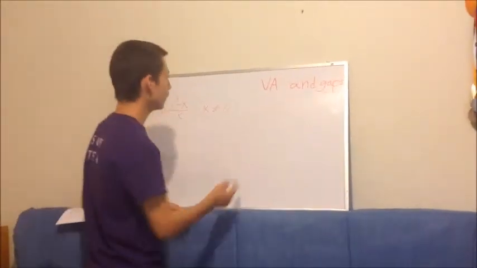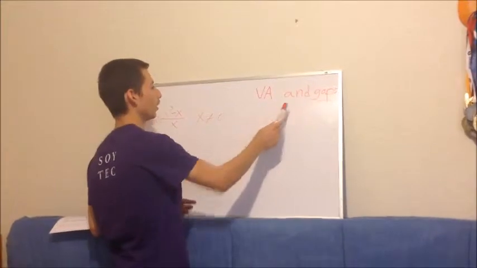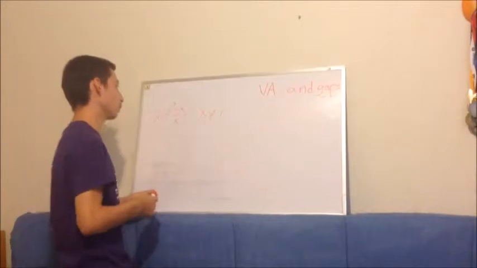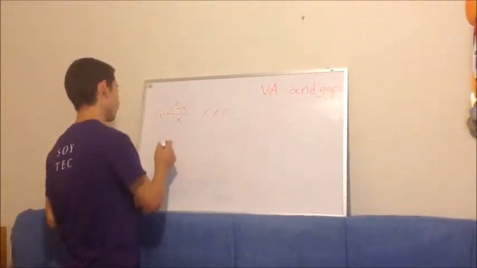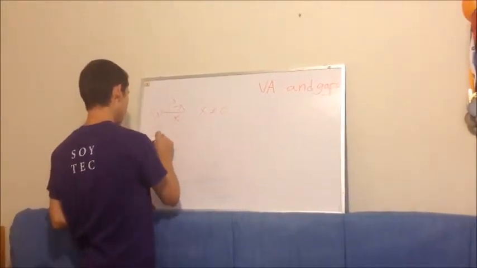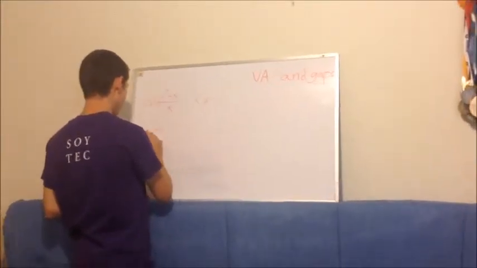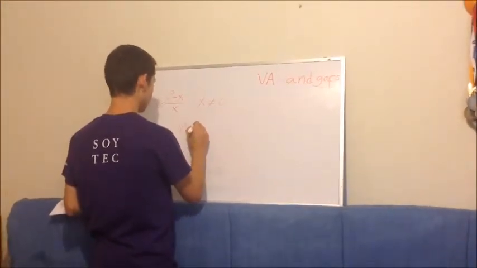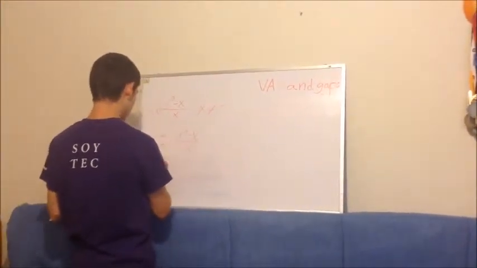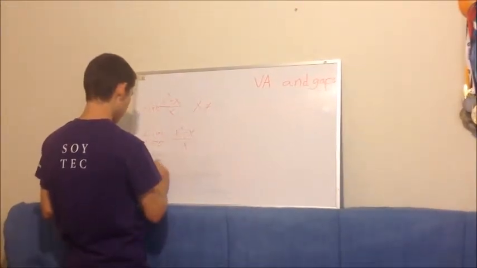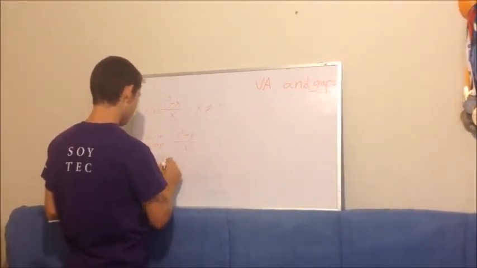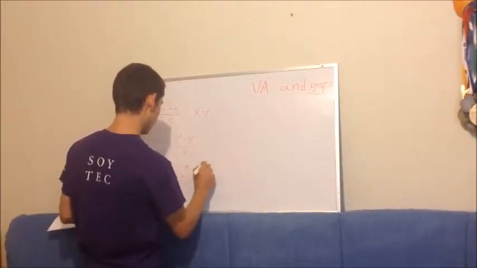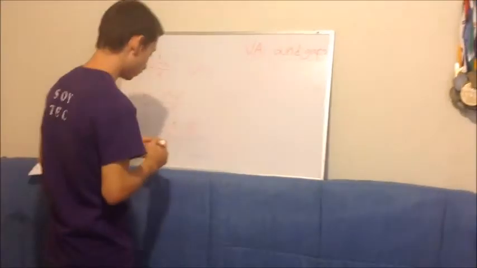To obtain the vertical asymptote, the gap, you need to obtain the restriction. In this case it is x equal to 0, and you use the limit when x approaches 0 of the function. Substitute the 0, and the answer is 0 over 0.